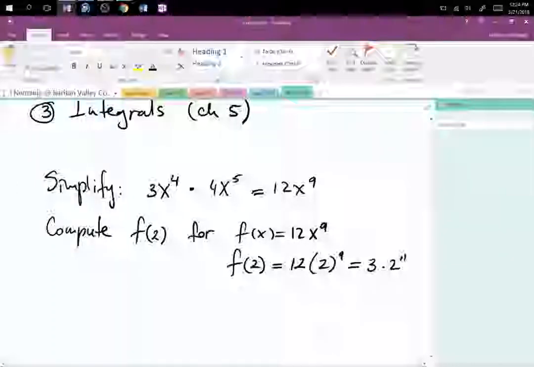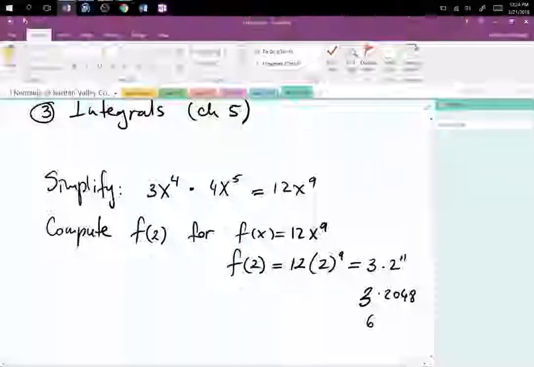So 2, 4, 8, 16, 32, 64, 128, 256, 512, 1024, 2048, and then this is 3 times that. So what do we have? We have 6144, I hope.